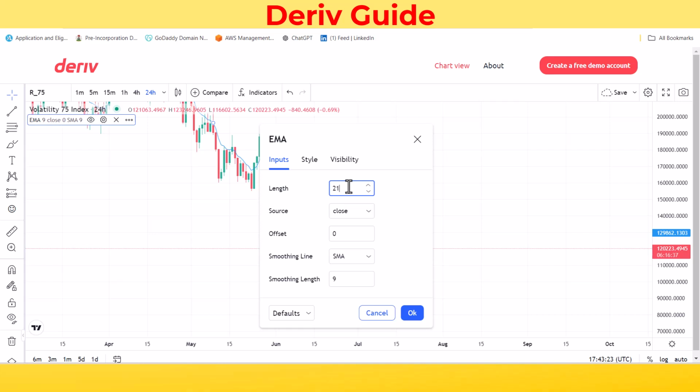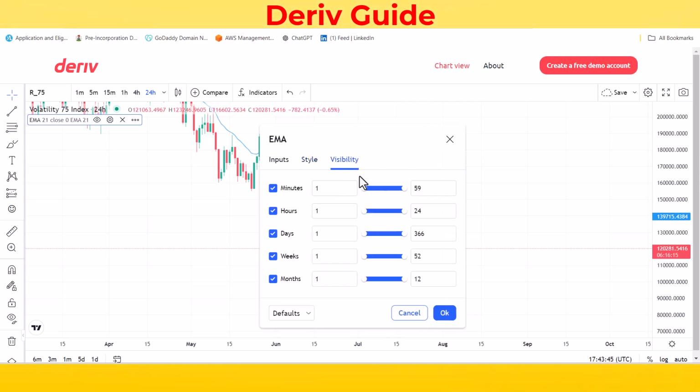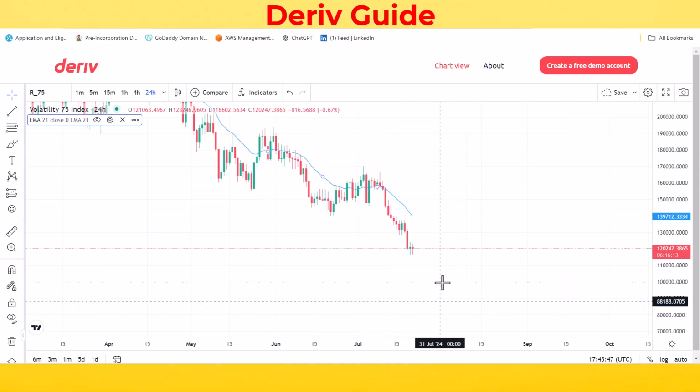I'm using length 21, and then I am using exponential smoothing line. The line is equal to 21. I can leave the source at close, and then if you like, you can adjust the colors. If you like, adjust the style, but for me, it's pretty fine that way.